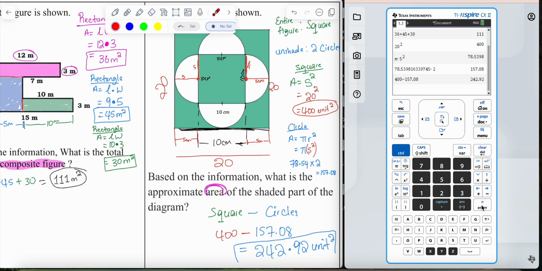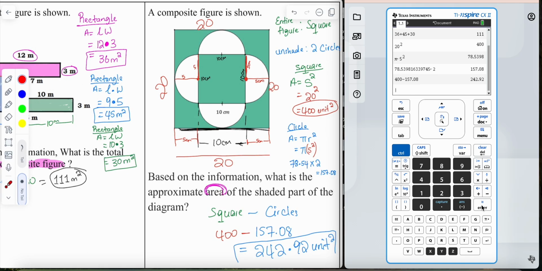And how do you subtract? It's always going to be the area of the entire shape. So my entire shape is the square, minus the unshaded, and your unshaded is going to be our circles. That's why, and it's always going to be the bigger number minus the smaller number.